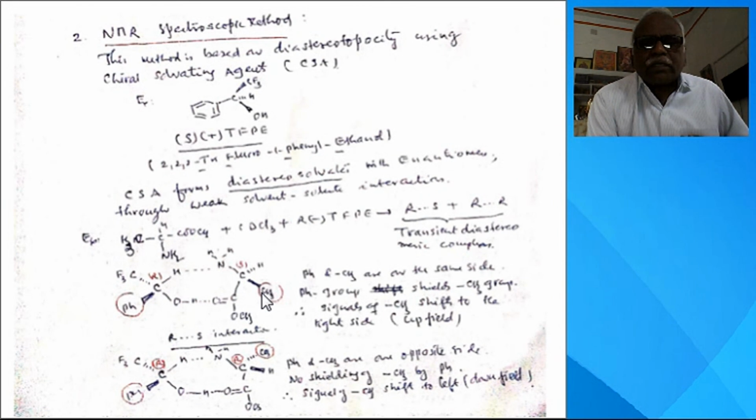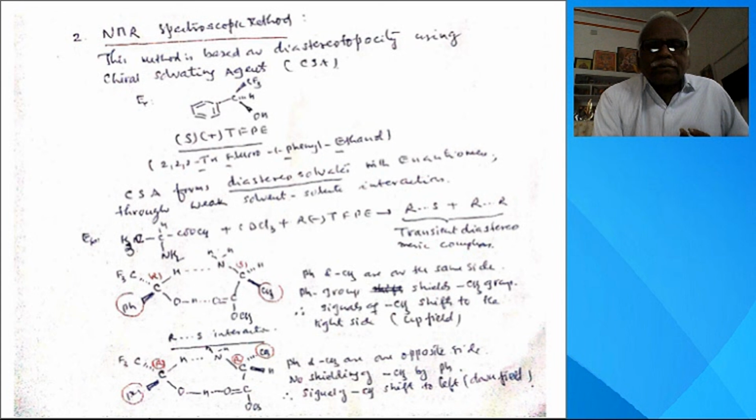This methyl group is above the plane, and this phenyl group is also above the plane. Both groups are above the plane on the same side. Therefore, the phenyl group shields the methyl group. Thereby, the signals of the methyl group will be shifted upfield, that is high field, to our right side.